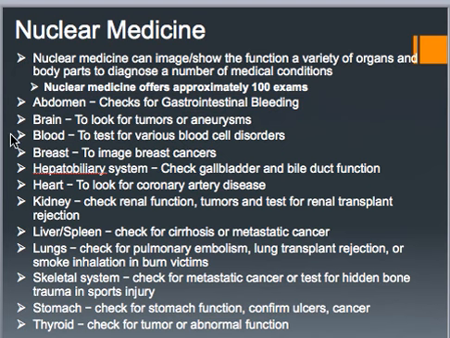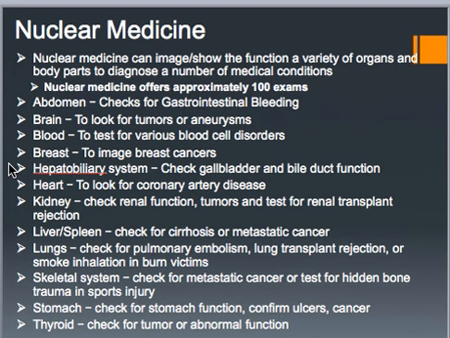The brain, we're using it to look for tumors or aneurysms, or we can look for signs of dementia or Alzheimer's. We can use it to check the blood, to test for different blood cell disorders, the breast for imaging breast cancer to see if it's metastasized, the hepatobiliary system, which checks the gallbladder and the bile ducts and how they're functioning, and the heart, like I said earlier, to look for coronary artery disease.